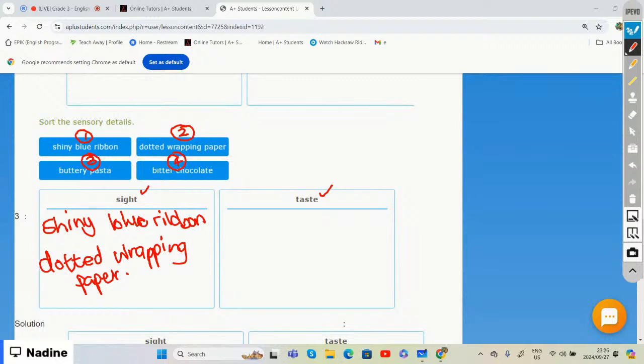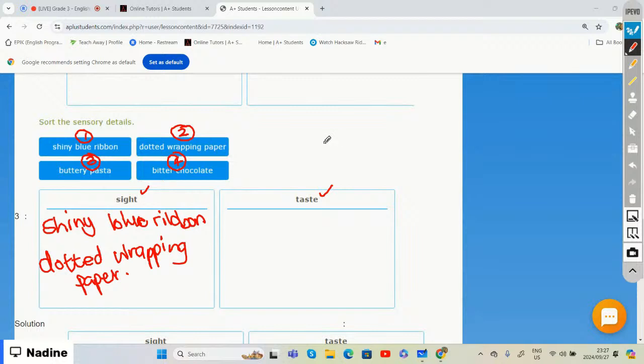All right, now if we look at the third one, buttery pasta. Is it something that you can see or something that you can taste? Yes, well done.